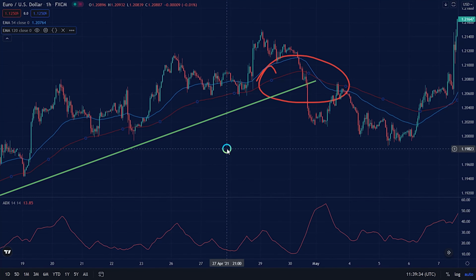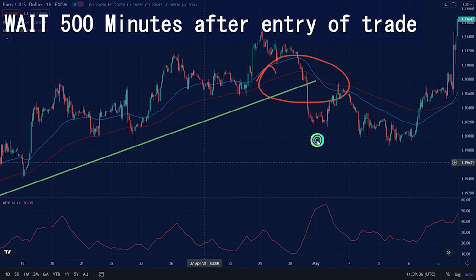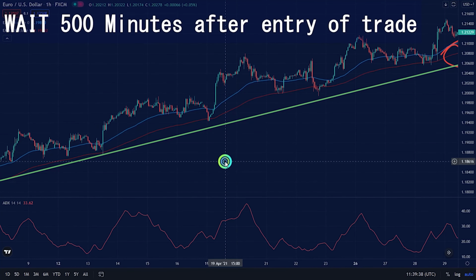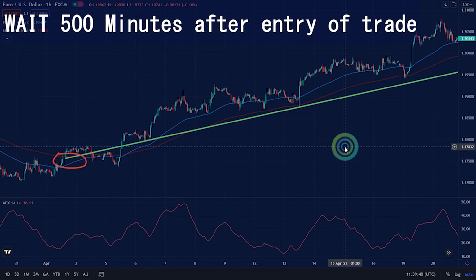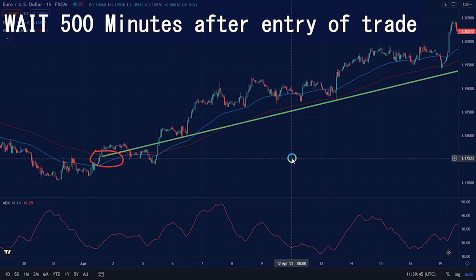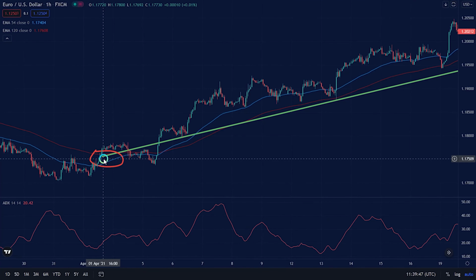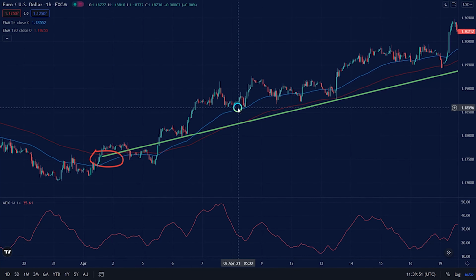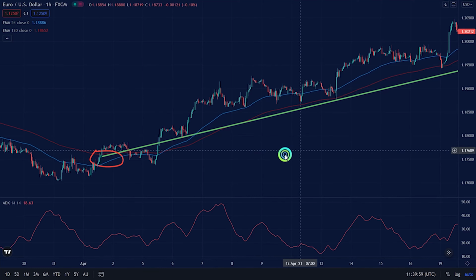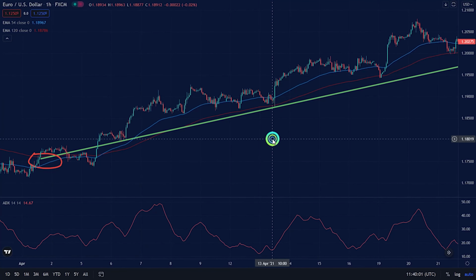The first condition is that 500 minutes has to pass after the entry if we want to close our trade. It means that if you take a trade here, you have to wait 500 minutes before you actually start to look for the dynamic exit, in other words, the crossover condition.